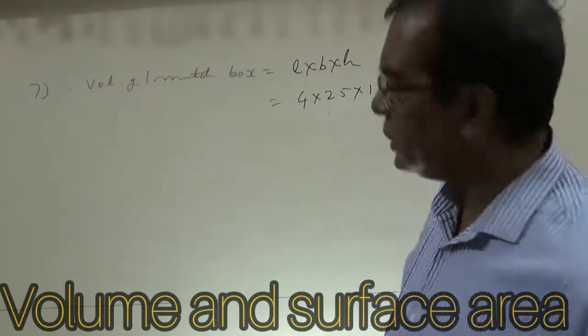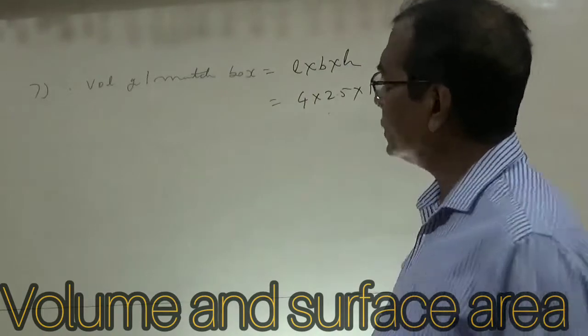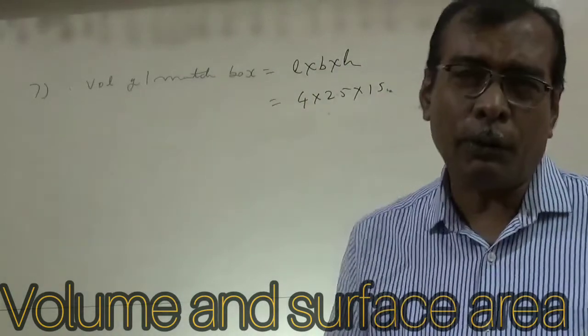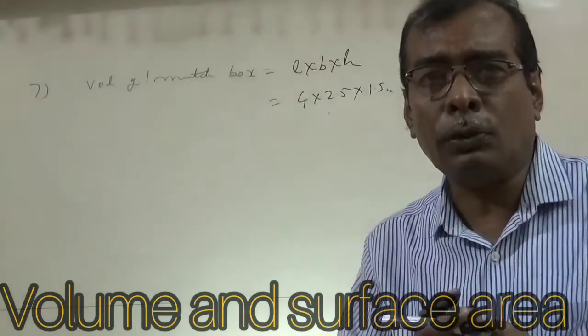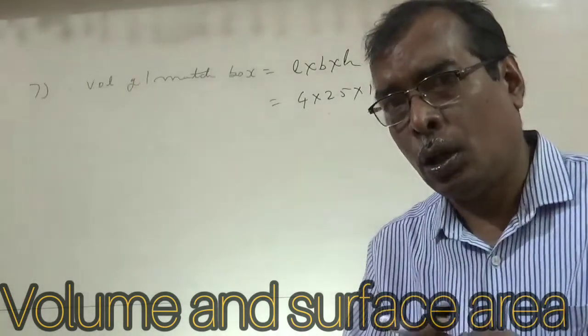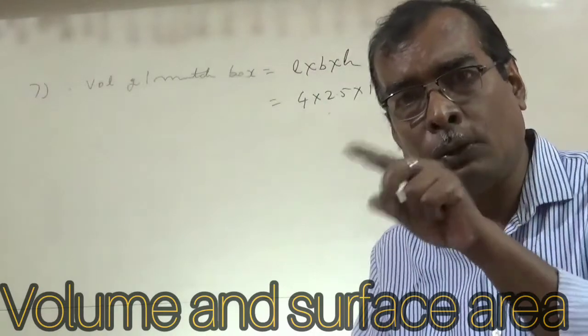They are not asking you to find the volume of that matchbox. There are 144 matchboxes in a packet. So what will be the volume of that particular packet? One matchbox volume multiplied by 144.